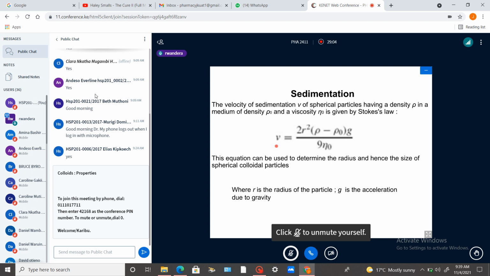So once you measure the velocity of your sedimenting colloidal particles, you can substitute in the Stokes equation and determine the radius of your spherical colloidal particles, and hence the size. So sedimentation as a motion can also be used to determine the particle size of colloidal particles.